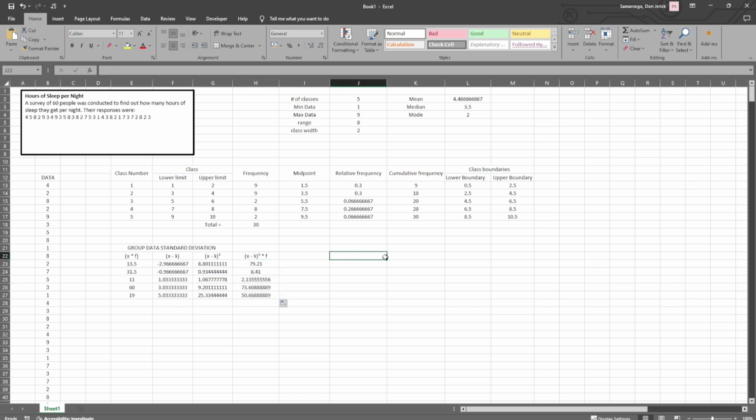Then we can now get the standard deviation of grouped data.